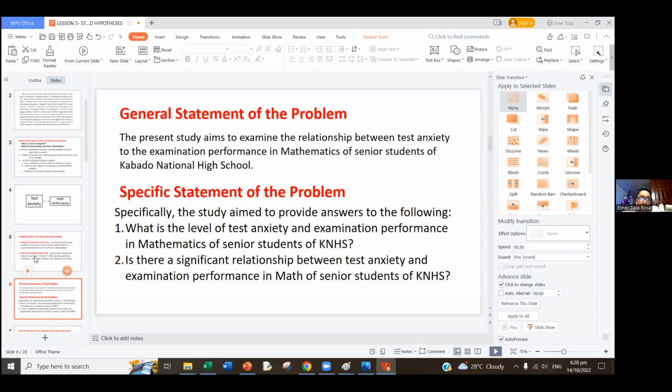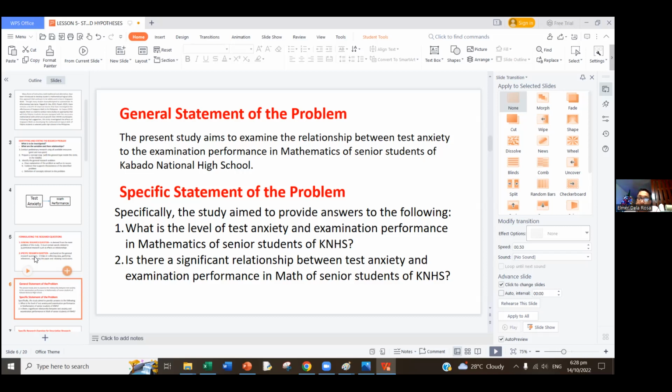So, nakabase rin ito sa general statement of the problem. Dahil ang general statement natin is to examine the relationship, ang ating specific statement of the problem is, number 2, is there a significant relationship between test anxiety and examination performance in math of senior students?